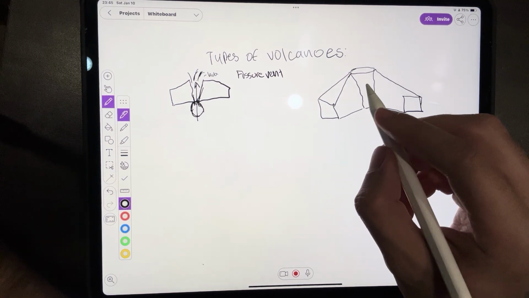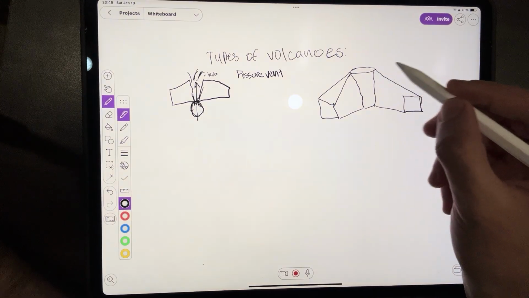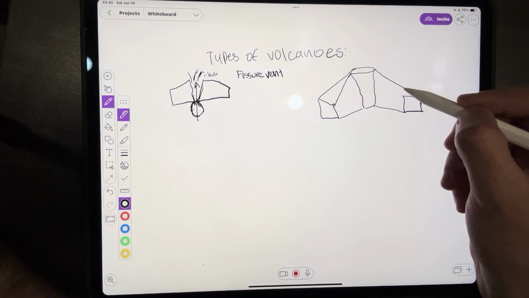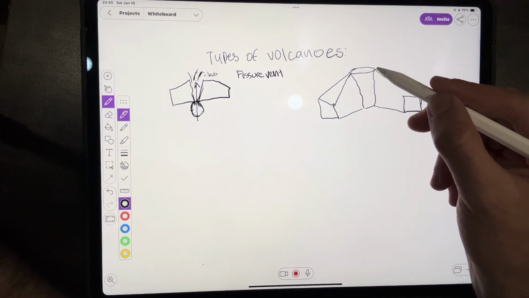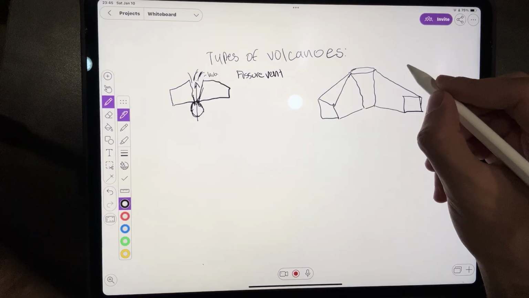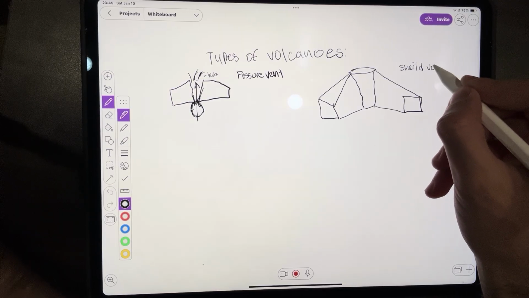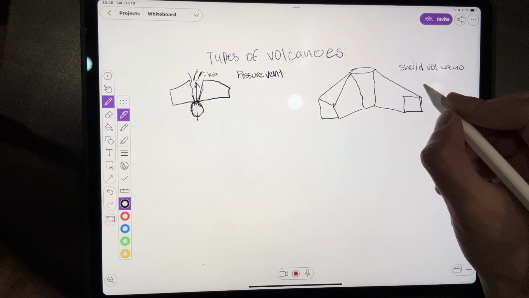Now, a shield volcano is basically a small volcano like this with protected sides that is built on fluid, low viscosity, typically basaltic lava.